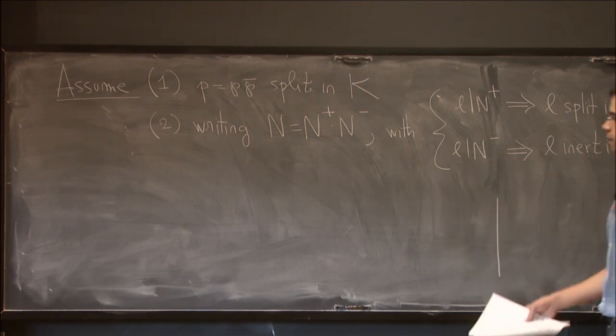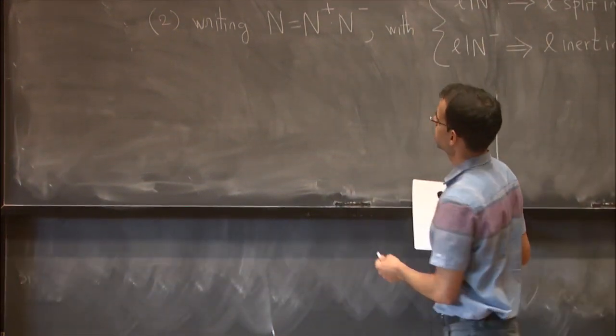When I do that, N minus is square free and consists of an odd number of primes.